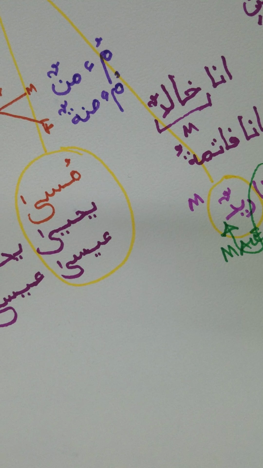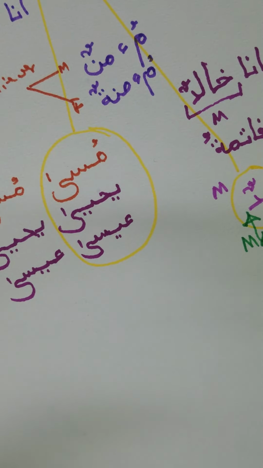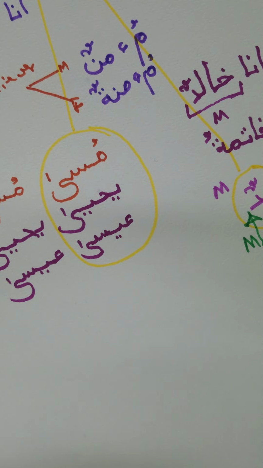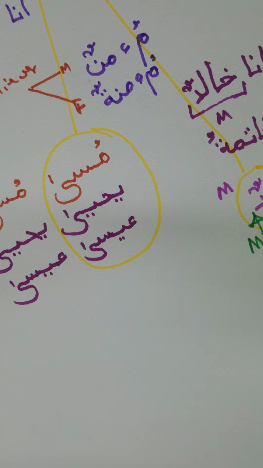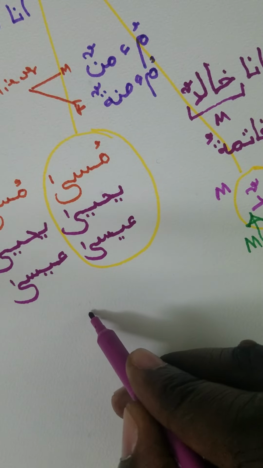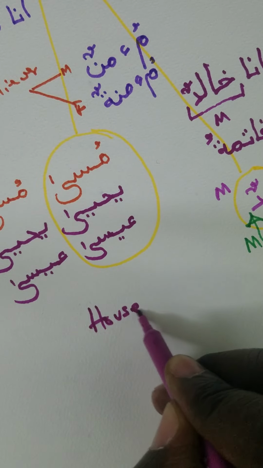Now remember we said we do not have it. So you will ask yourself, what if we get an isim which has no life? For example, you cannot call it generally male or female. Just take an example of the word house.